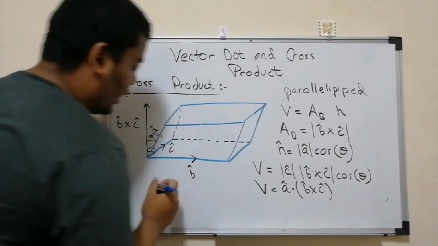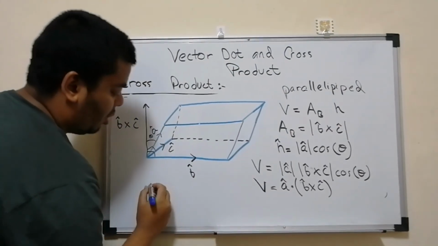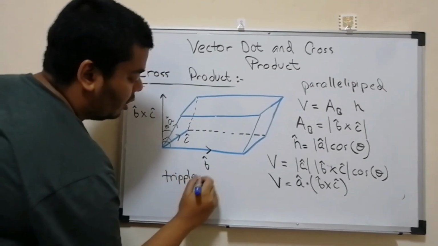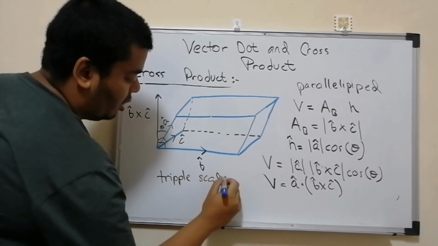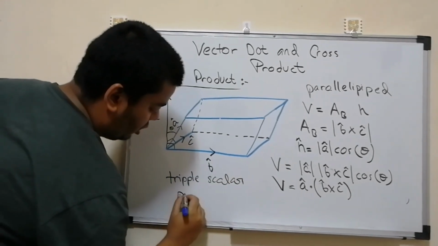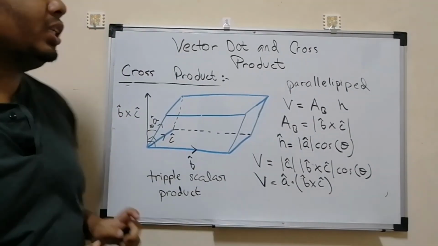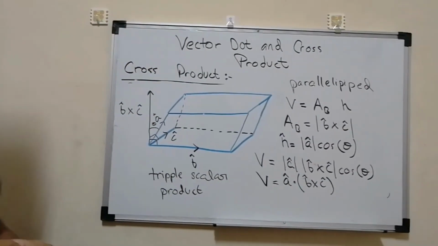So this is known as the triple scalar product, and from the name it suggests that you'll never get a vector out of this, you'll only get a scalar.